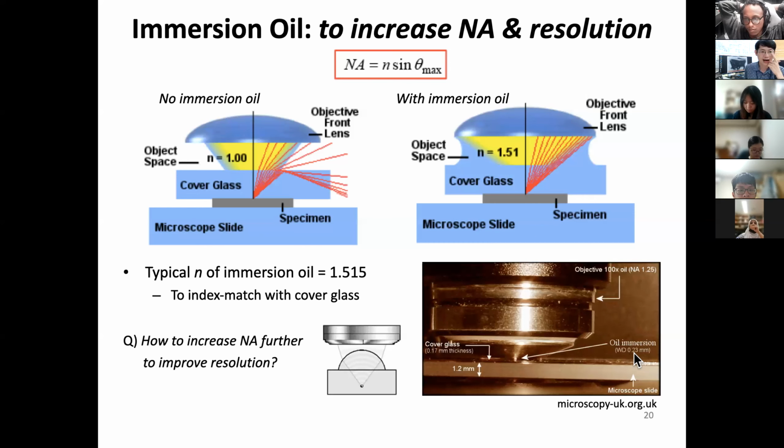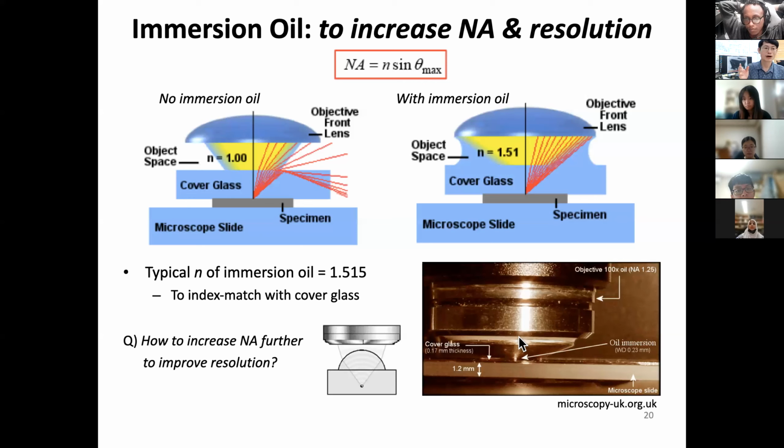So your objective is virtually touching the cover glass. The nominal standard cover glass thickness is also very thin, 170 micron. Underneath, you put your thin sample, and you have a microscope slide, which is about 1 millimeter thick. So this is what you are seeing.